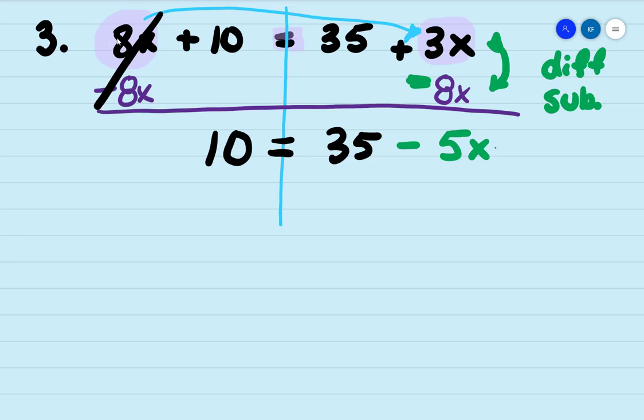Okay, so now I have all the x's on one side. Now this time I have to get the numbers on one side. So I'm going to have to move in this direction going this way. Why? Because I want to get numbers on one side and I want to get variables on one side.